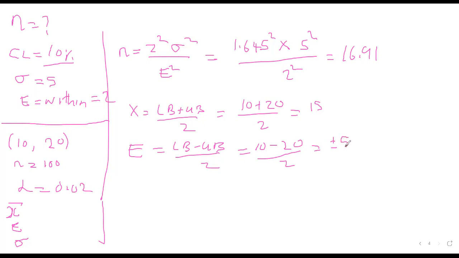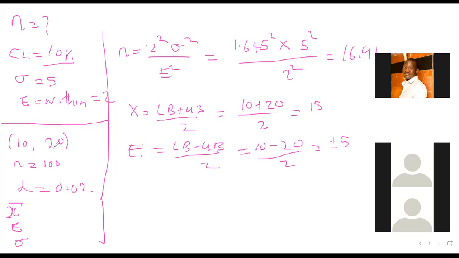It's plus minus 5. So the mean is simply when you add these two and divide by what? 2, which is 15. The difference between this and that is called your error. So there's a difference of plus minus what? 5. From 15 to 20 and from 10 to 15.